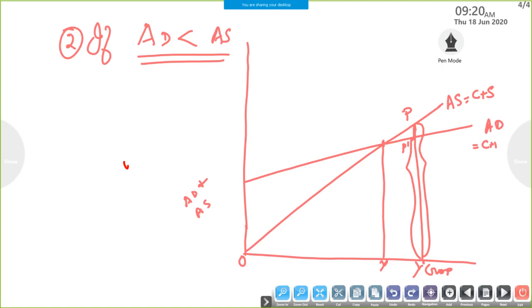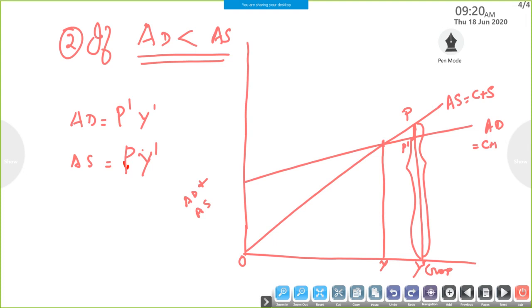So in this diagram AD is equal to P dash Y dash and AS is equal to PY dash.